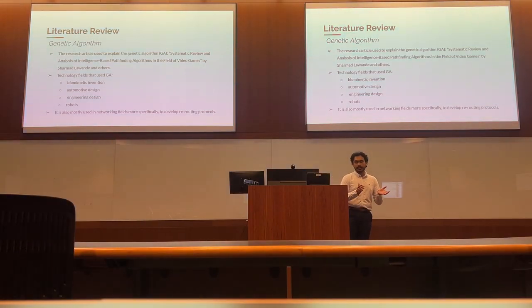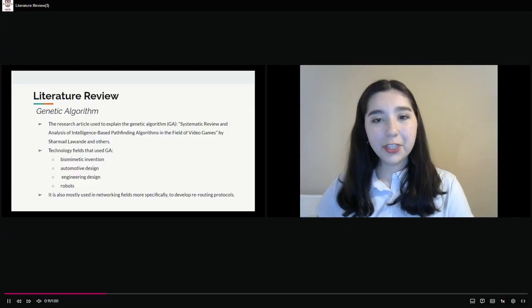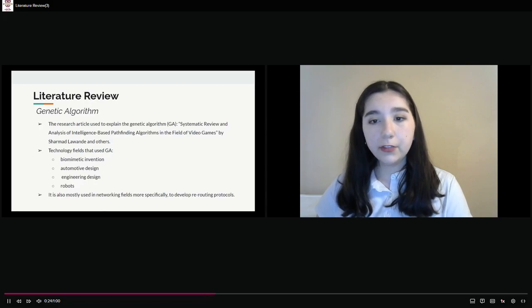Next, we have Mariana explaining her literature review on the genetic algorithm. The research article used to explain the genetic algorithm, or GA, was the systematic review and analysis of intelligence-based pathfinding algorithms in the field of video games.